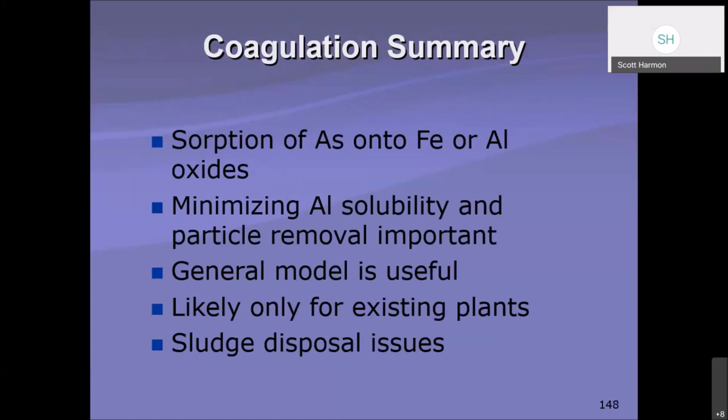Adsorption of arsenic onto iron or aluminum oxides: minimizing the aluminum's solubility and particle removal is important. A general model is useful, so modeling how that works is very useful. Likely only for existing plants. If the plant already exists in that format, it's much easier than trying to retrofit some other one. Again, sludge disposal is an issue with that type of treatment.